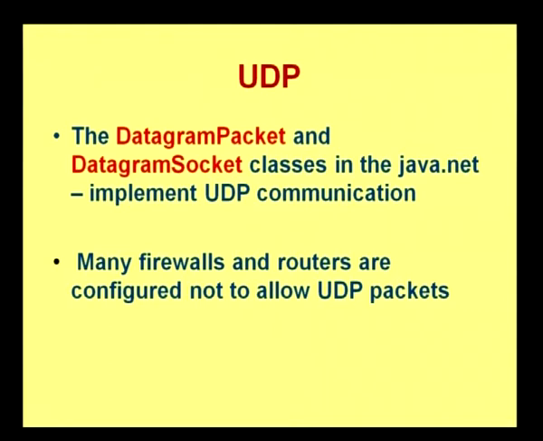Whereas here, in order to implement UDP, we have the datagram packet as well as the datagram socket class. These two classes are used in order to implement UDP communication. Firewalls and routers normally block UDP. In that case, we need to unblock it and then execute our programs.